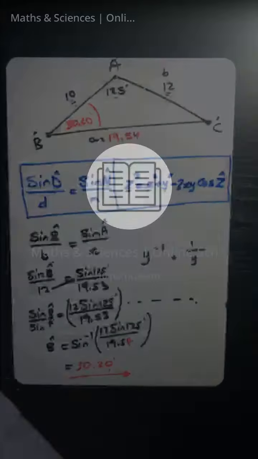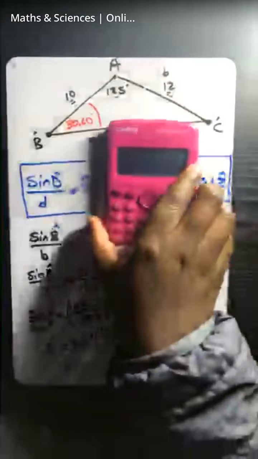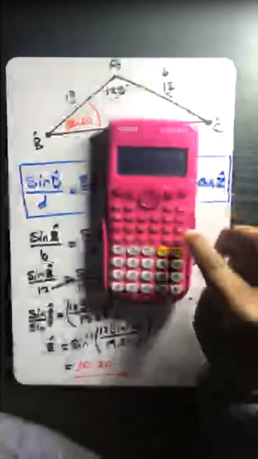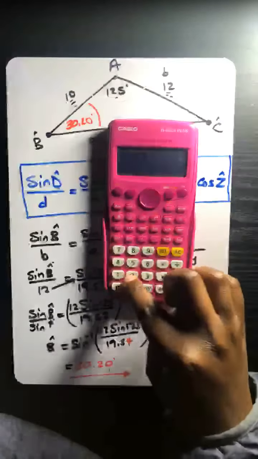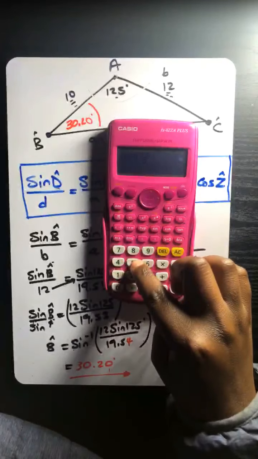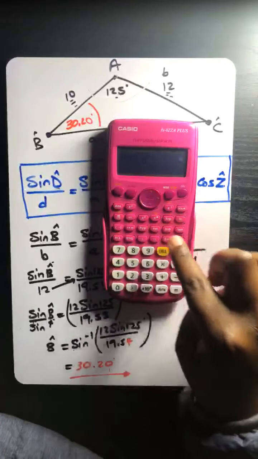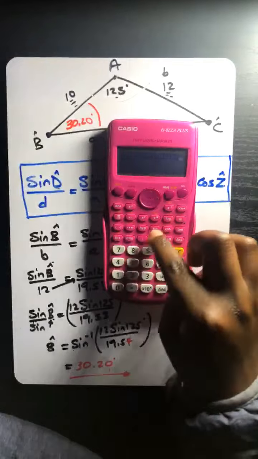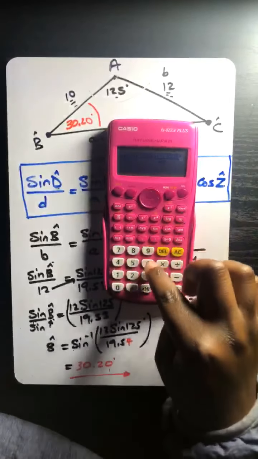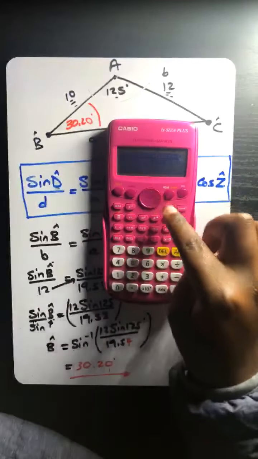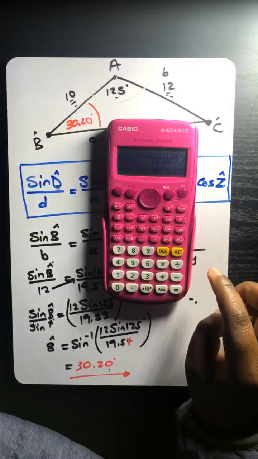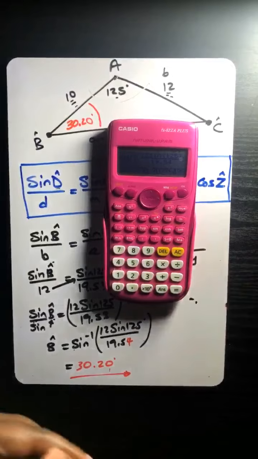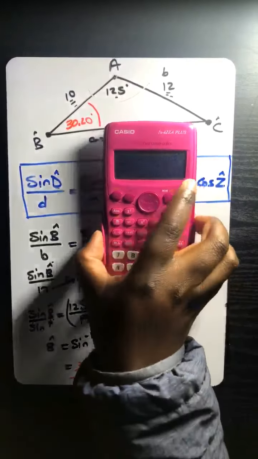Someone is saying 0. Maybe let me also punch on my side and see. So it's 1, 2. Oh, it's 12. Yes. Sine of 125 close at the bottom. We've got 19,54. I'm getting 30,20 also, because after 0 is 2, so we cannot round it off.